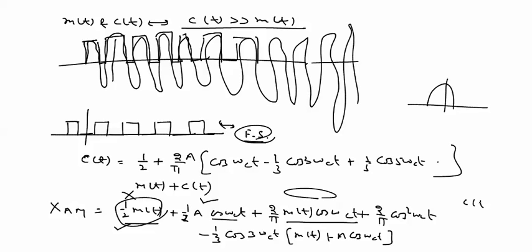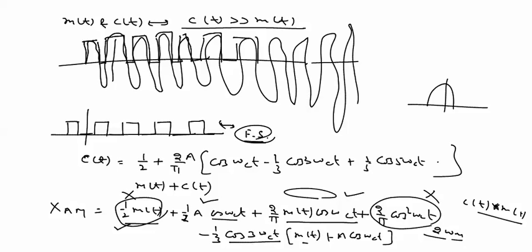The multiplication between m(t) and c(t) is the required amplitude modulated signal. This is also passed through the band pass filter. This component is double the carrier frequency. We are working on carrier frequency, so double the carrier frequency does not pass. In this case, triple the frequency, since multiplication means add and subtract, does not pass.